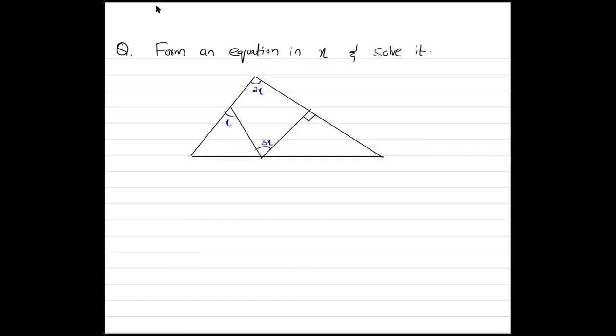You need to come up with an equation in x and solve for x. ये थोड़ा सोचने वाला सवाल है, so I want to give you 1 minute. You guys think and let me know. Discuss करो मेरे साथ कैसे equation बनाएंगे.